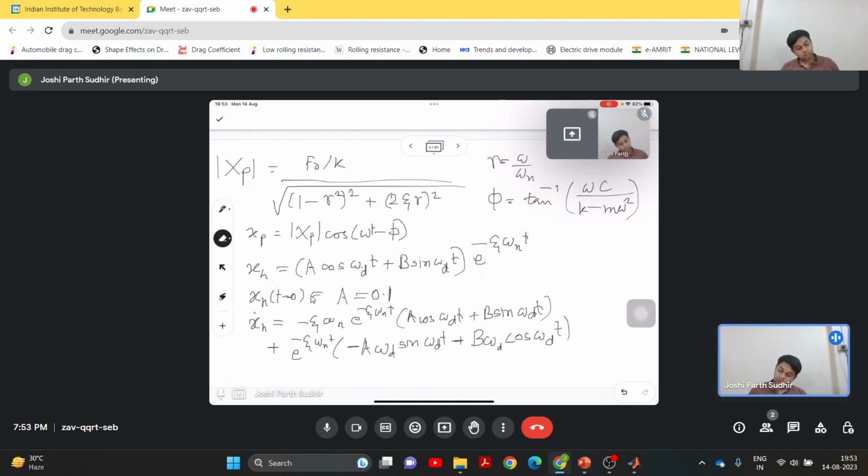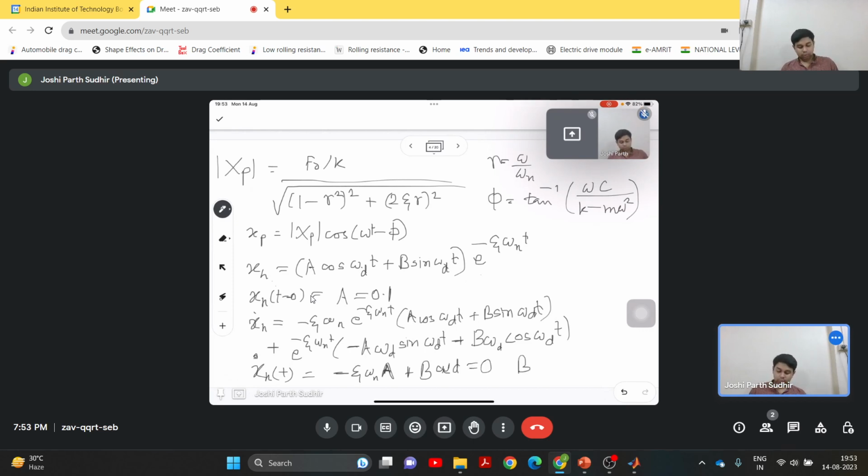If we substitute time t equal to 0 in this, we will get minus zeta omega n a plus b omega d equal to 0.